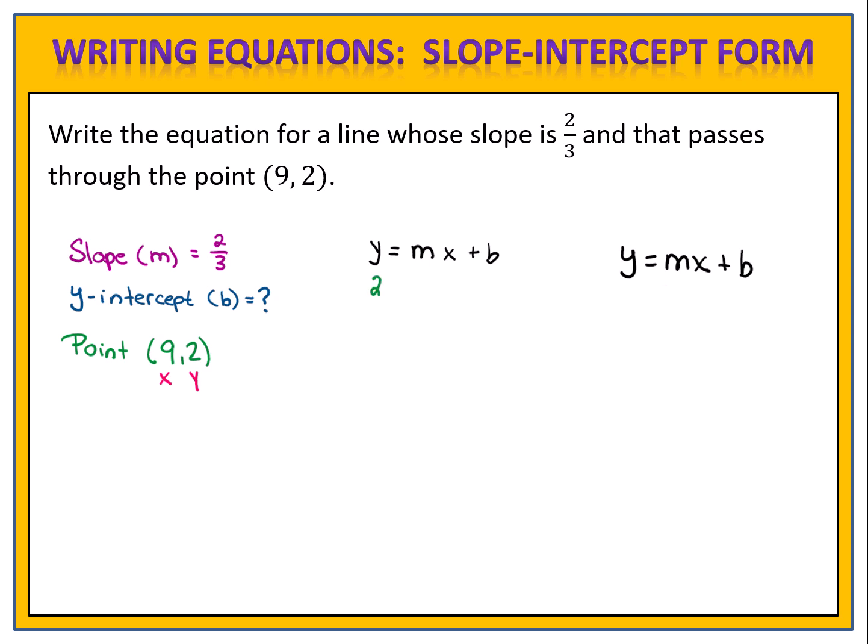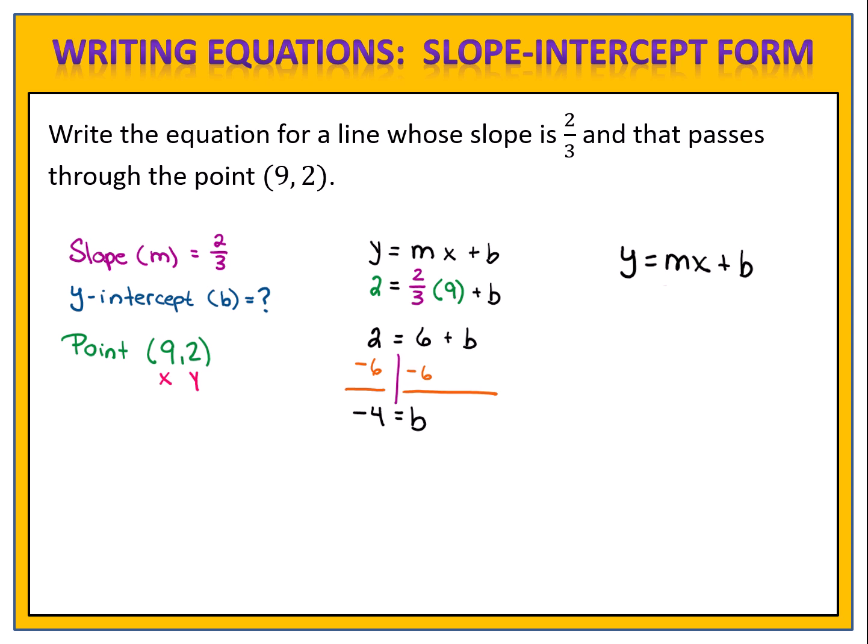y, which is 2, equals m, which is 2/3, times x, which is 9, plus b. Now we simplify our equation. 2 equals 2/3 times 9, which is 6, plus b. Solve the equation by subtracting 6 from both sides, and we find that -4 is the b value.